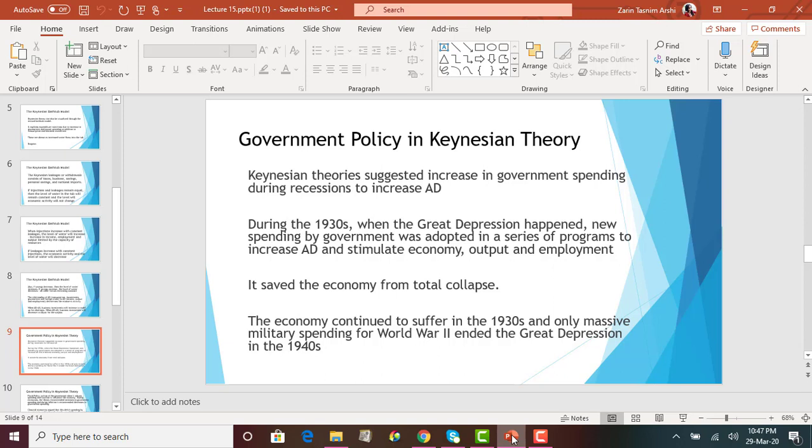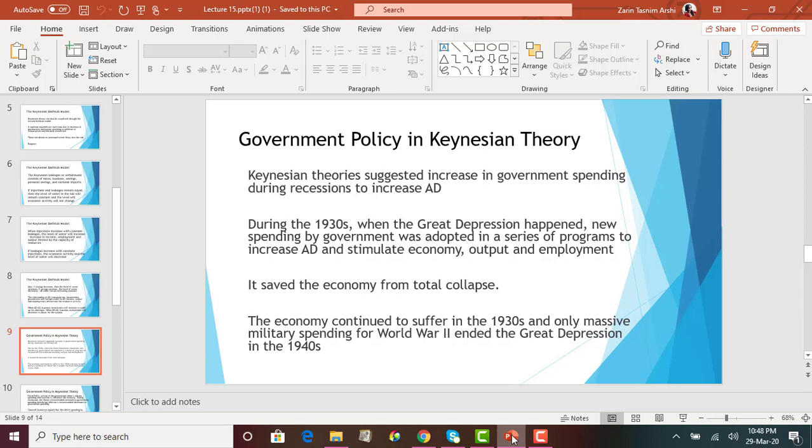So overall, the Keynesian theory says the main focus should be on aggregate demand. When the economy is going through a recession or a disruption, in order to take the economy out of the recession, we need to focus on aggregate demand, and the way to do it is through the government. Because government expenditure is a component of aggregate demand, the government should increase its expenditure, which in turn will increase consumption and investment, and as a result there will be a magnified increase in your aggregate demand.